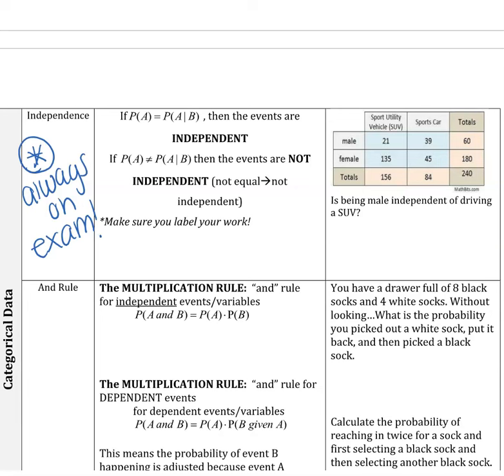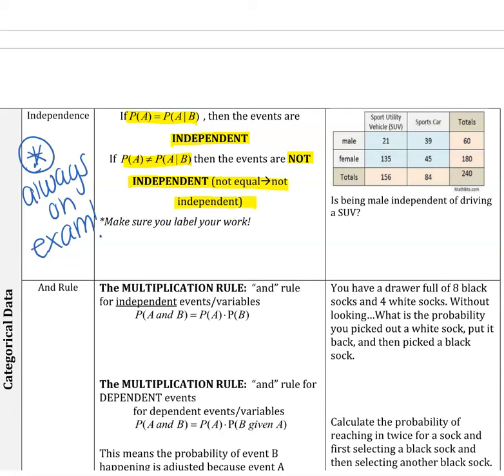The big idea with probability is that you're going to compare the probability of A and then the probability of A given B for events A and B. And if they are equal, they are independent. If they are not equal, they are not independent. So I always think not equal, not independent. And just make sure you label your work. Otherwise, you're honestly going to forget what you're even computing.